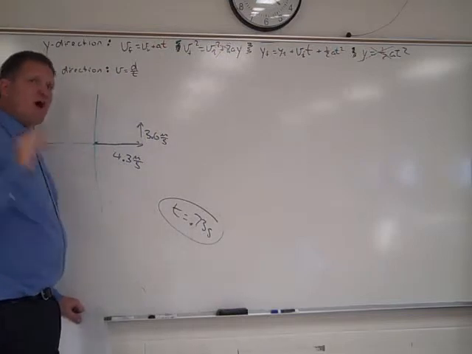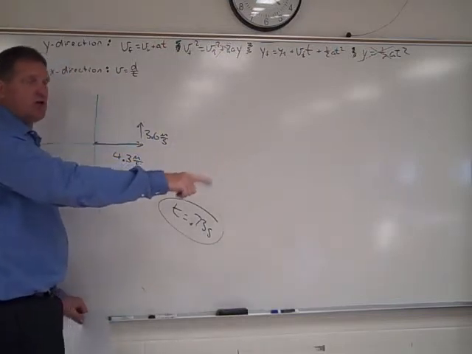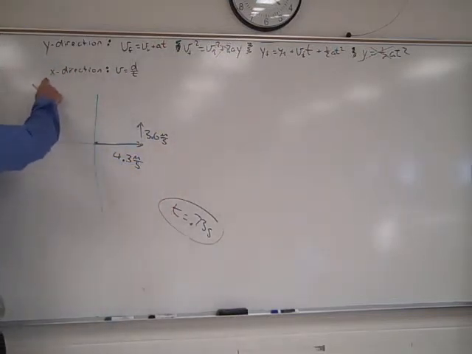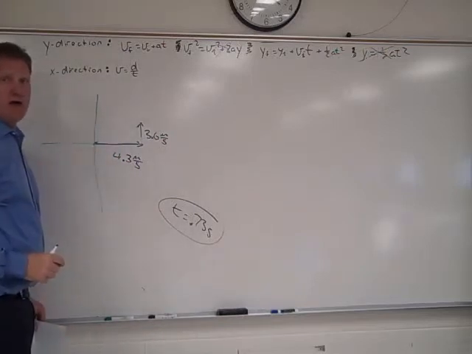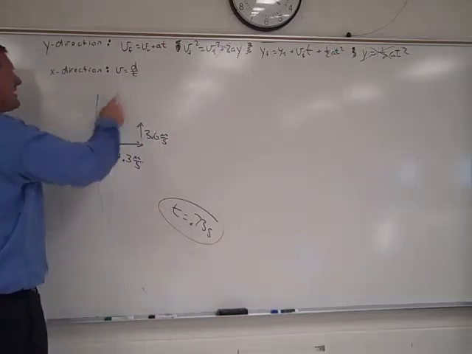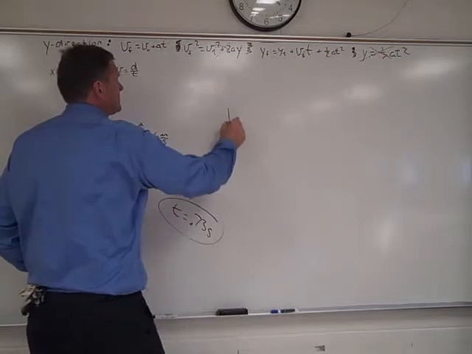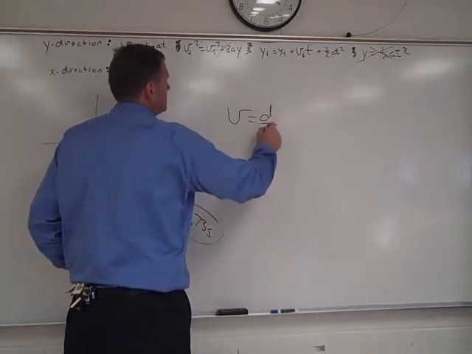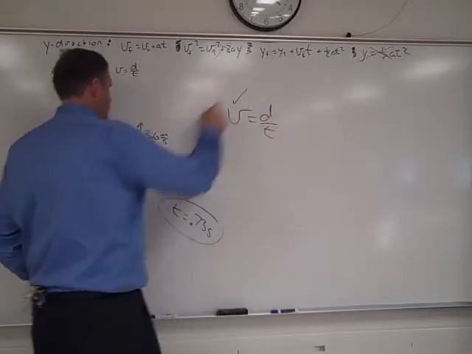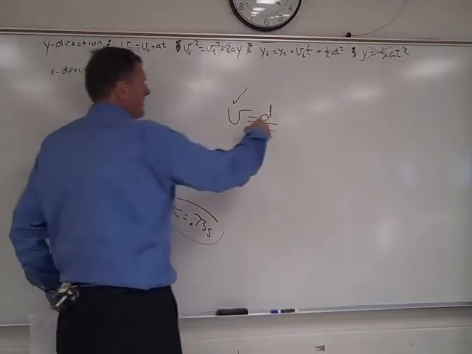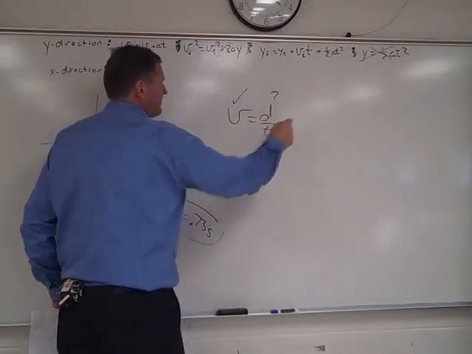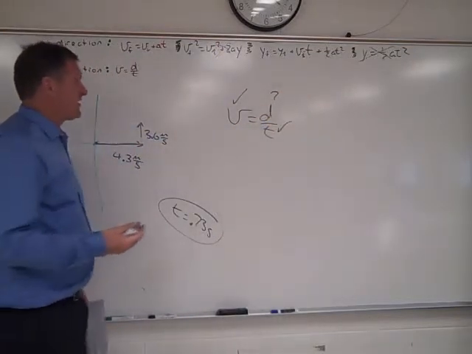Big question is now, how far downrange is it going to go? Well, we have to use the x-directed formulas, and the only formula we have is velocity is equal to distance over time. So let's look. Do we have the velocity? Yes, we do, 4.3. Do we have the distance? No. Do we have the time that it's in the air? Yes. Can we calculate the distance?